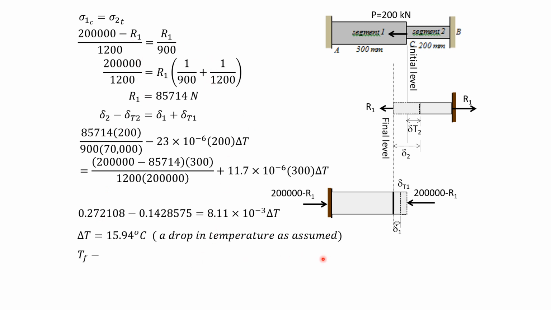So final temperature minus 20 equals the drop of negative 15.94. So the final temperature should be equal to 4.06 degrees Celsius. So that should be the temperature so that the stresses in segments 1 and 2 will be equal.